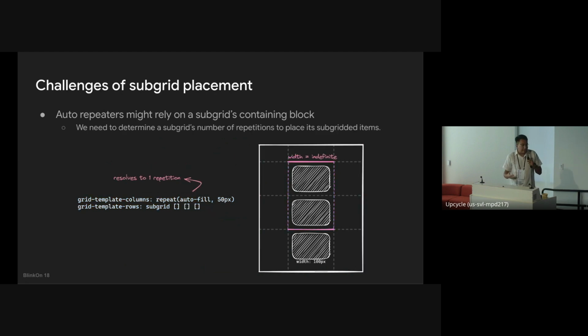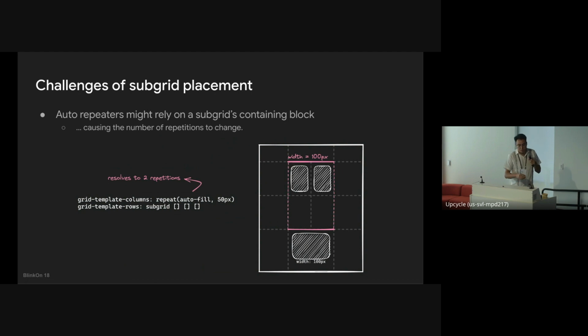Since the root grid tracks are defined as auto at the very beginning of the algorithm, we know that the inline size for the containing block of that subgrid is indefinite by definition. So we would resolve the number of repetitions here to 1. But after we consider the pink subgrid item at the bottom that has 100 pixels width in the sizing algorithm, the containing block for the subgrid will change.